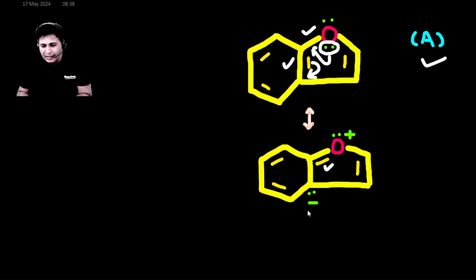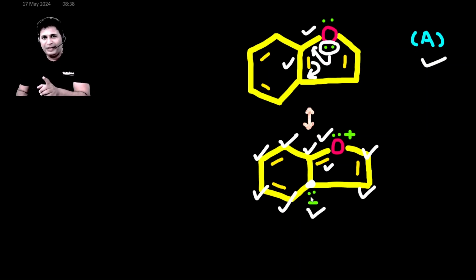You see, there is a negative charge. You start from this particular carbon: negative charge, single bond, double bond, single bond, double bond, single bond, double bond, single bond, double bond.